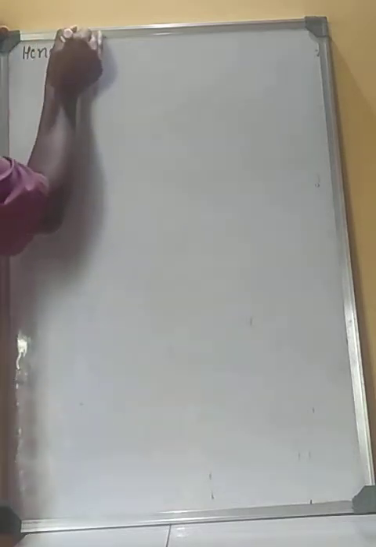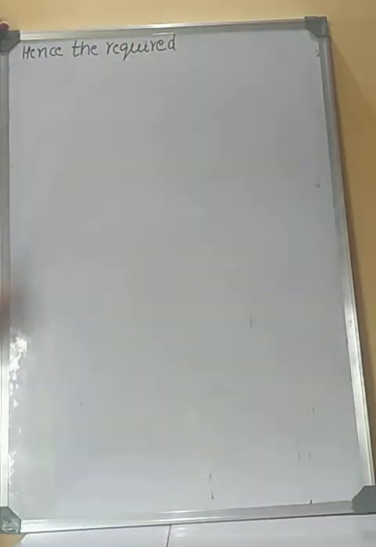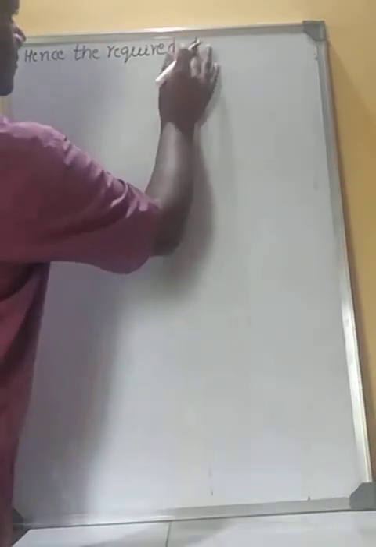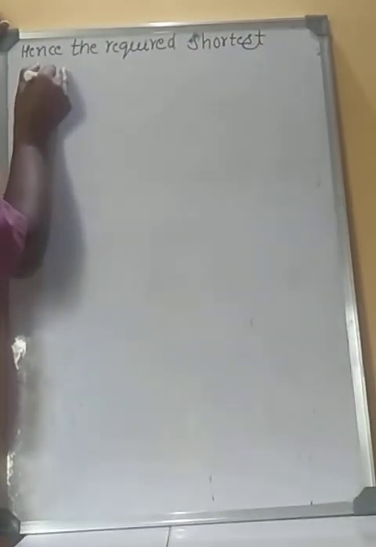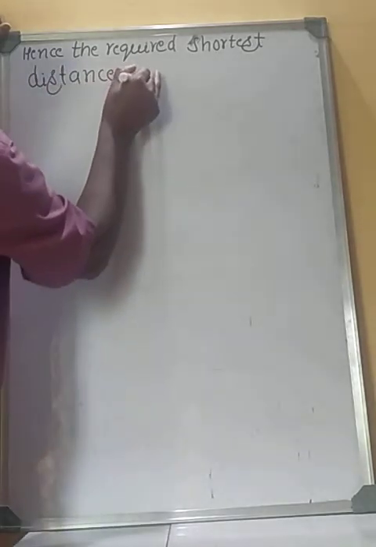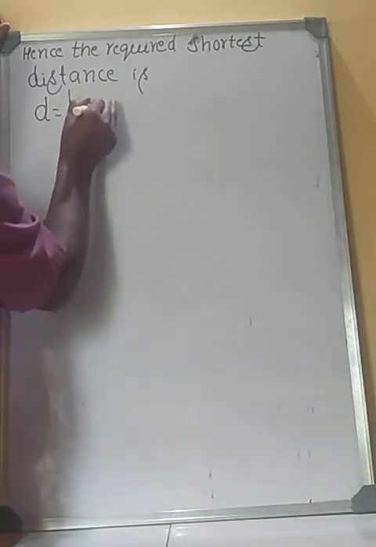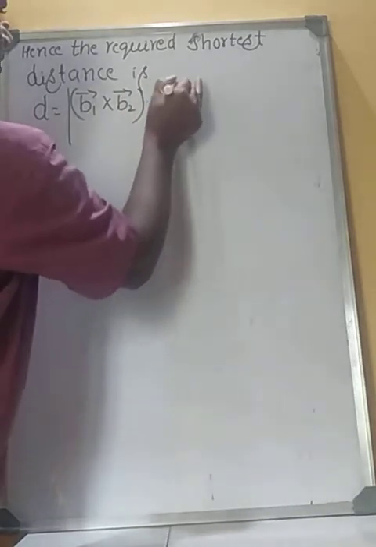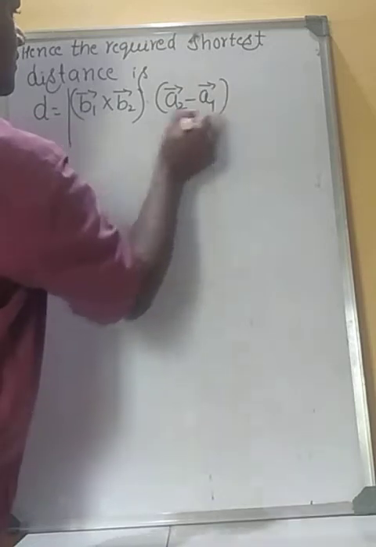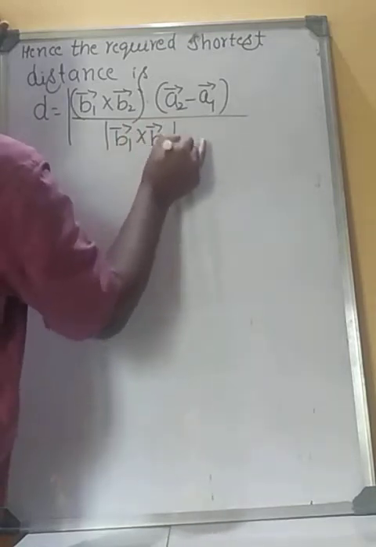Hence, the required shortest distance is given by d equals magnitude of b1 vector cross b2 vector dot a2 vector minus a1 vector, divided by magnitude of b1 vector cross b2 vector.